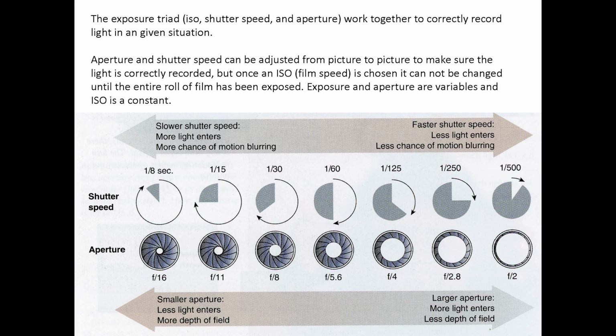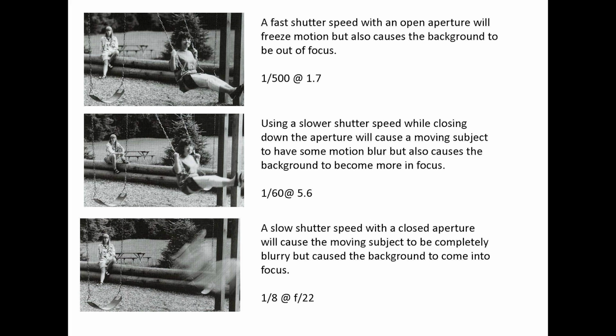Here's a good example of how they actually work together in a set of 3 photographs. The first photograph is taken with a really fast shutter speed, but a very open aperture. What it allows it to do is the person on the swing is frozen in time, but the person in the background is really out of focus.